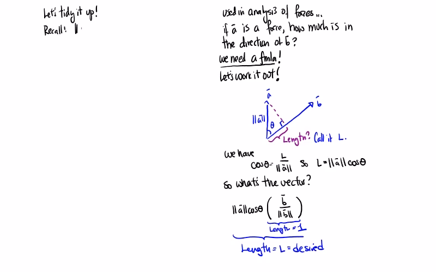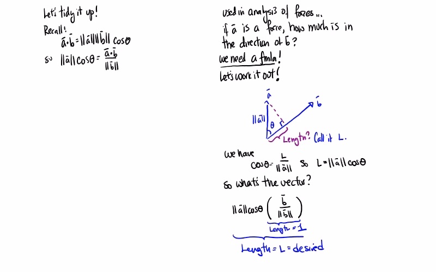We know that the dot product of A and B is the product of the magnitudes times the cosine of the angle between them. So that says that the magnitude of A times the cosine of theta is A dot B over the magnitude of B. That's just dividing both sides by the magnitude of B.